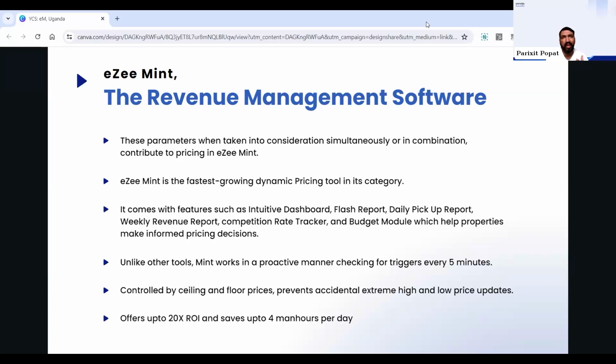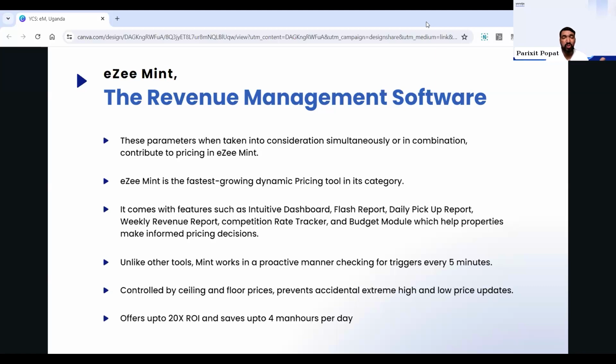Now say that if it is not beating 60 or 70% by 5 o'clock in the evening, drop the price. The moment it hits 5, you do not have to remember. The system knows that now it's 5, the occupancy has not reached the expected mark, drop the price. Thereby your manual work is reduced to a great extent.